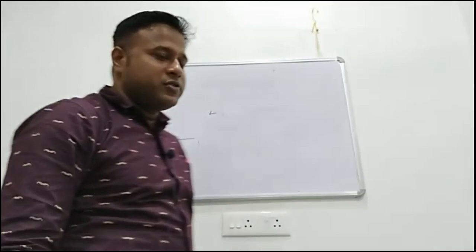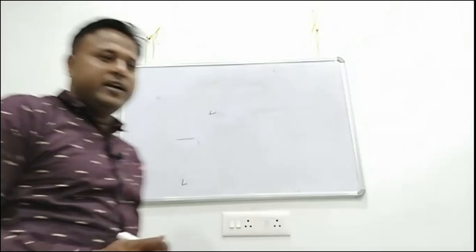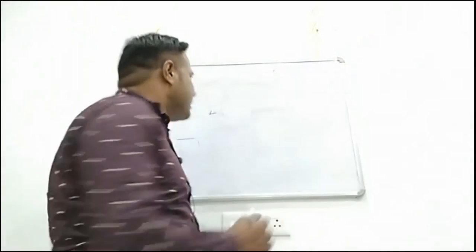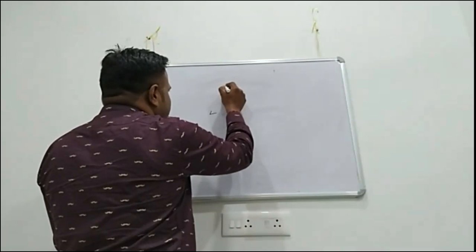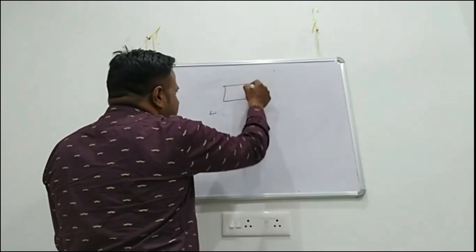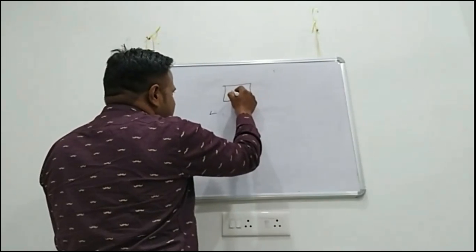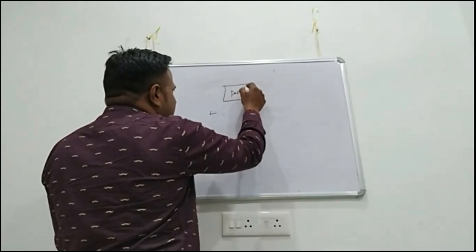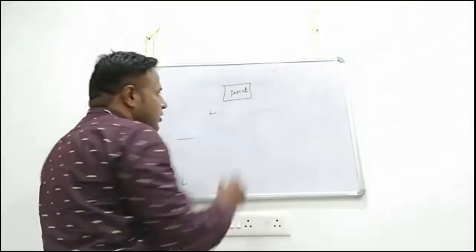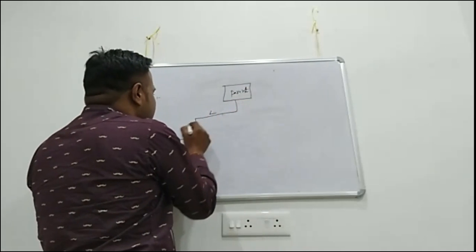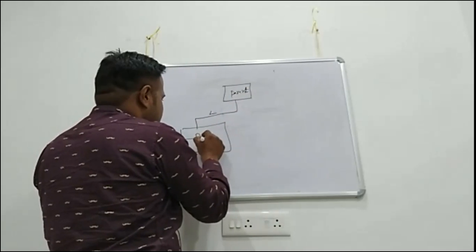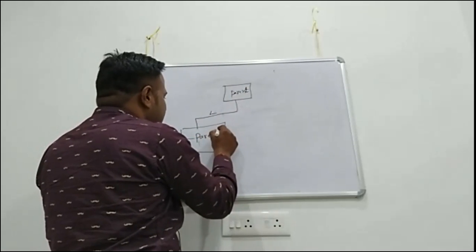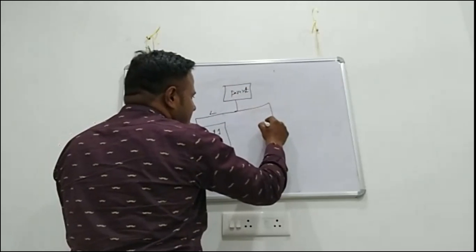Okay, so next comes your multi-level inheritance. In multi-level inheritance, every time the parent class is one parent, then from that parent, suppose parent one, every time the child class is derived to a derived class.